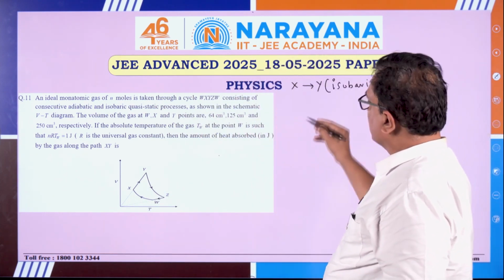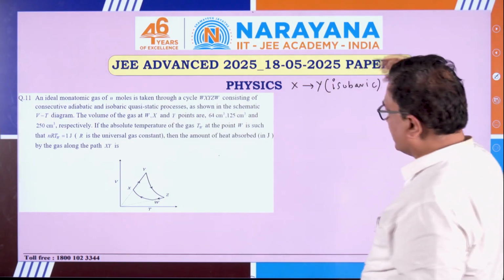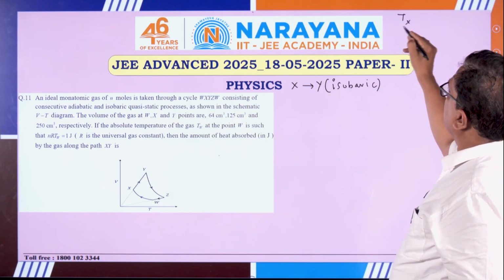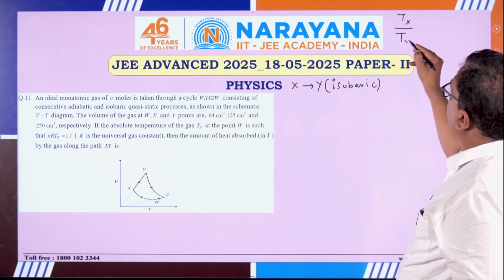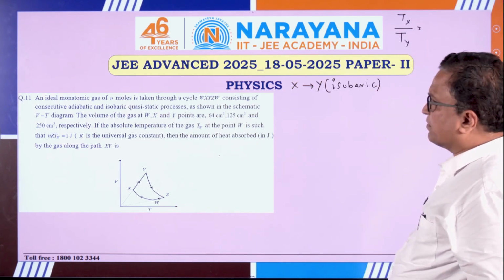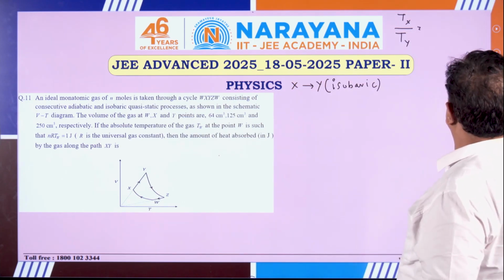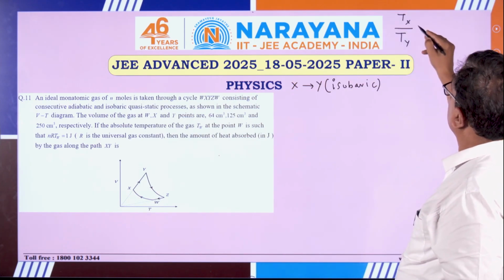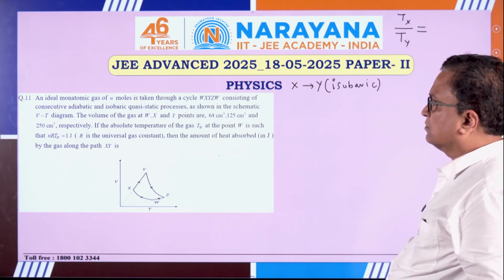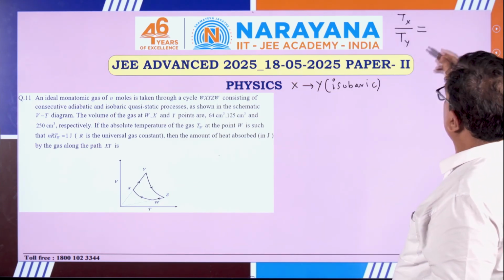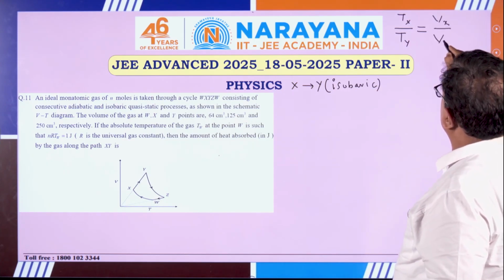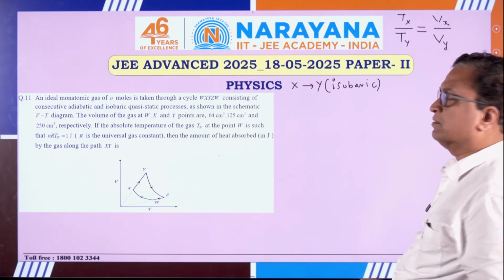So therefore, at any time I can use this relation: Tx by Ty at any time can be written as equal to Vx by Vy.